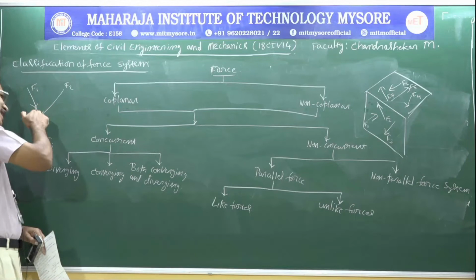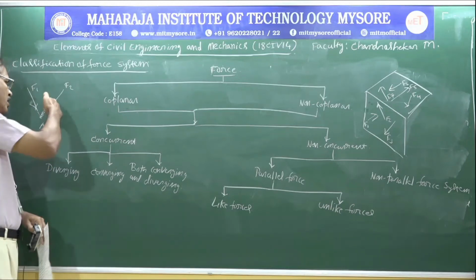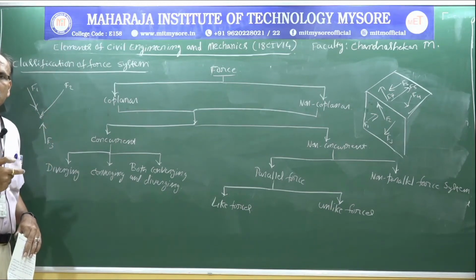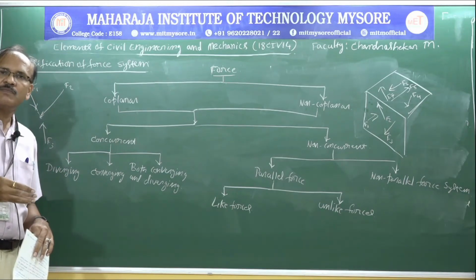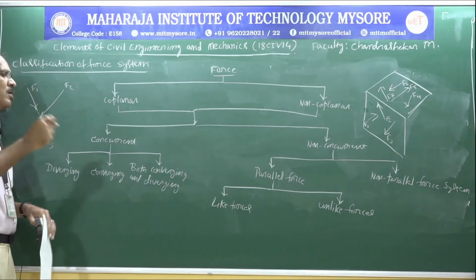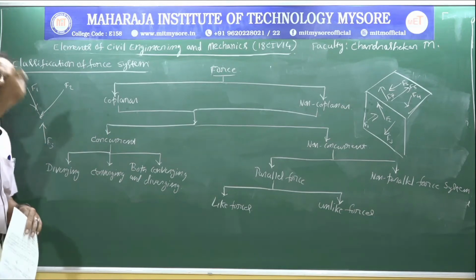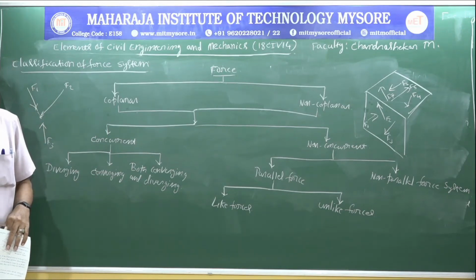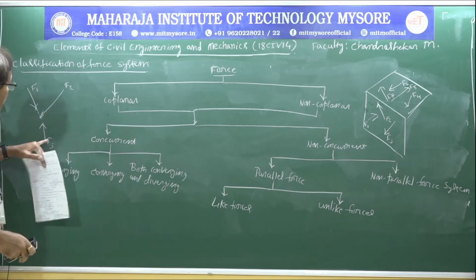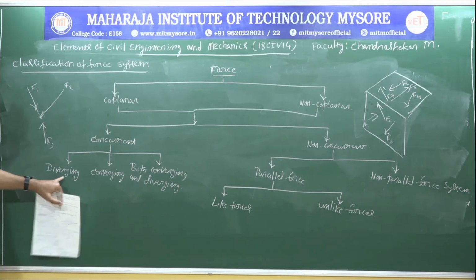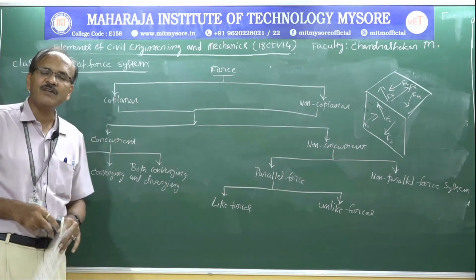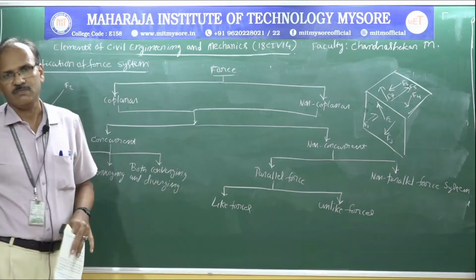If there is another force acting perpendicular or inclined to the board, then the force system becomes non-coplanar, and it is called a non-coplanar concurrent force system. I hope this is clear. Under concurrent force system, we again have 3 types: diverging, converging, and both converging and diverging.